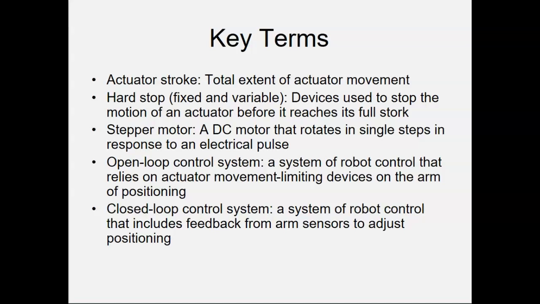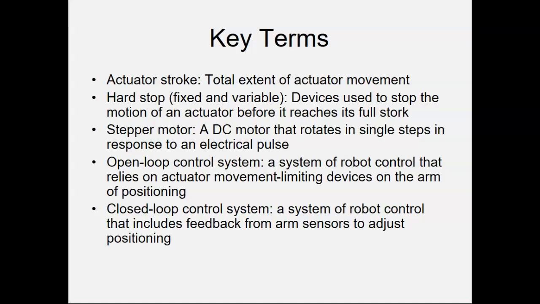Versus a closed loop system, which is what these guys are. Okay? And they get feedback from the motors themselves in their arm. They know exactly what position everything is in at any one time. You can literally go up to these guys.